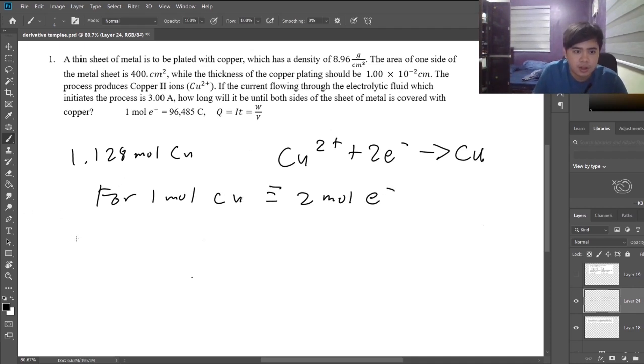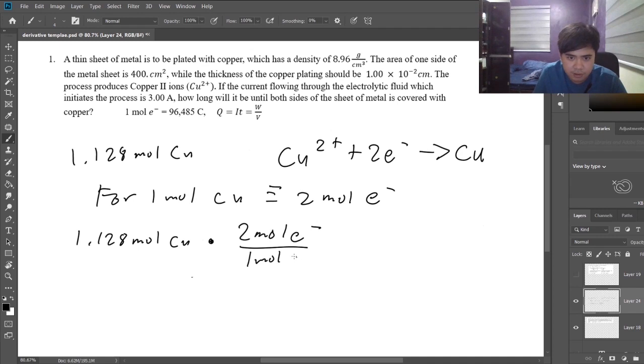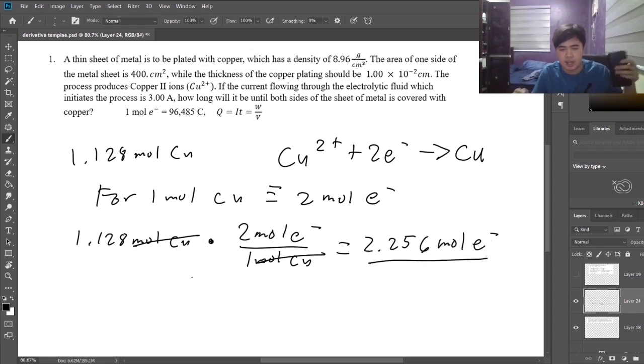We multiply 1.128 moles of copper by 2 moles of electrons per 1 mole of copper. Moles of copper cancel out, leaving 1.128 times 2, and we get 2.256 moles of electrons. This is how many electrons flow through the metal.